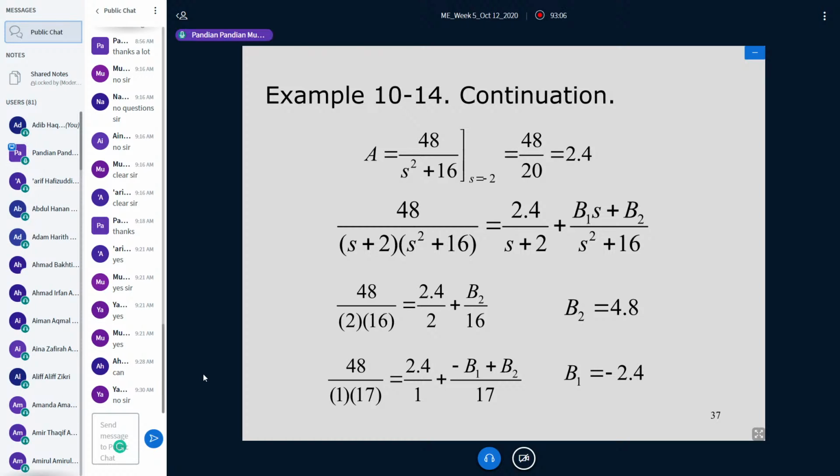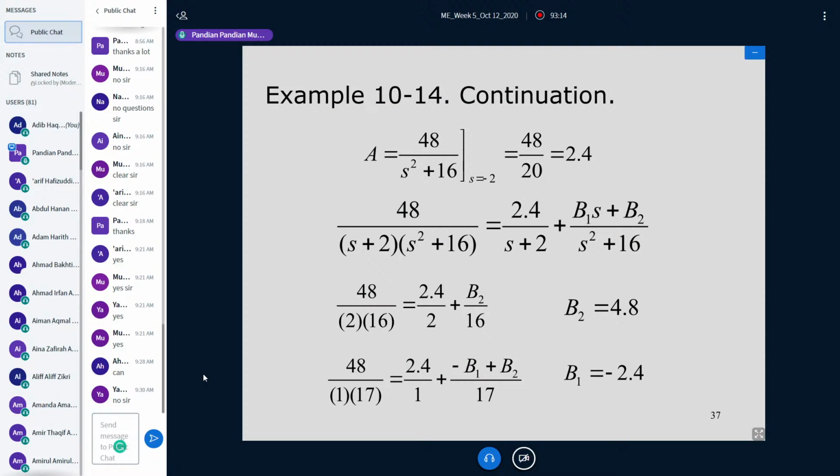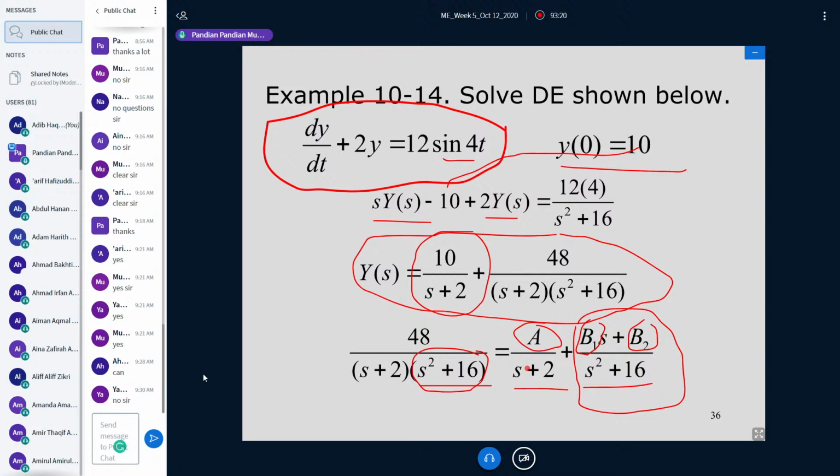To find A, this is s plus 2. So s plus 2 divided by s plus 2, s plus 2 divided by s plus 2, left with 48 over s squared plus 16.